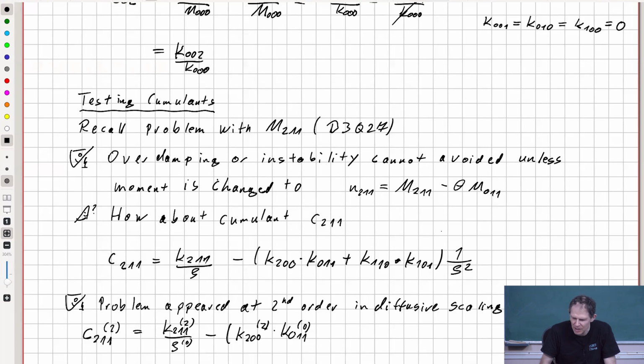So in principle, okay, I'll write this down. We also have first order K200 times K011 first order.